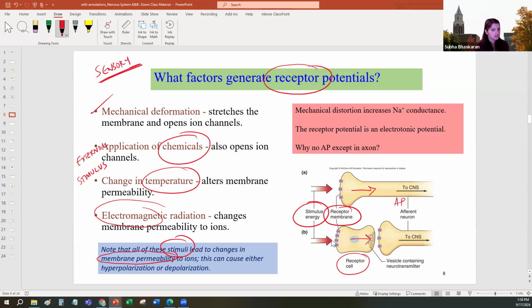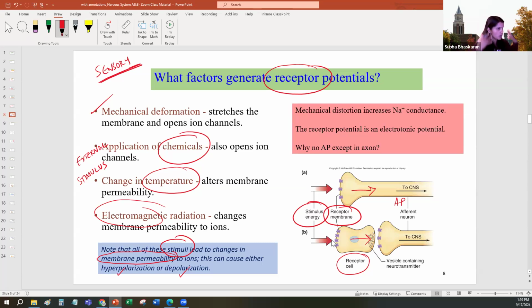It can either cause hyperpolarization or depolarization. What does that mean? It can either bring it close to threshold or away from threshold. Got it? If I'm not talking, no threshold. If I'm talking, threshold, as simple as that. Right? And that is what we call the term signal transduction.